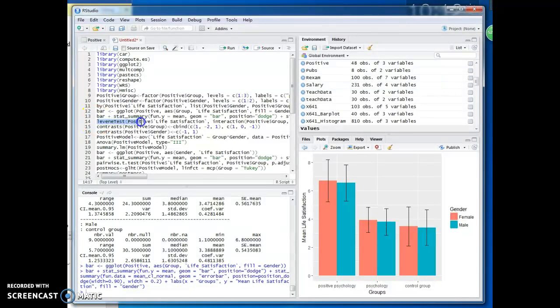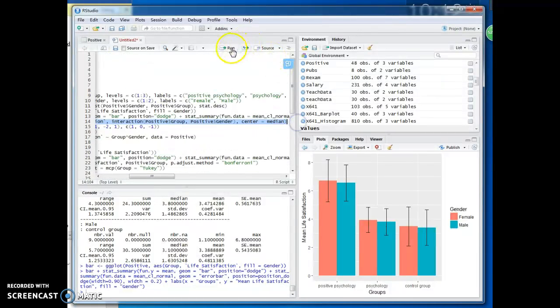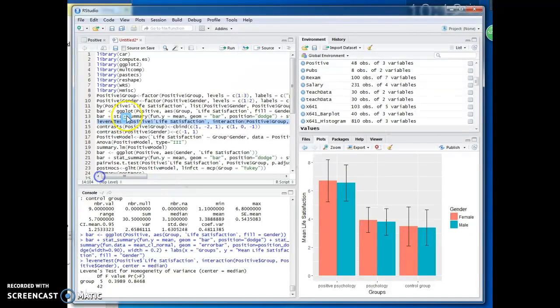And in this function, we want to use the Levene test to see if there is a significant difference between the group variances.